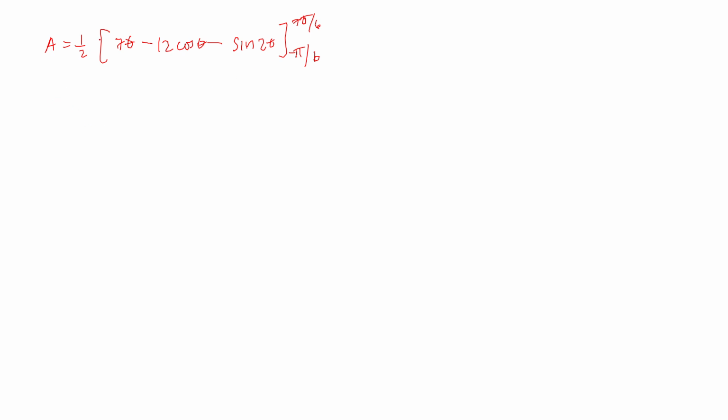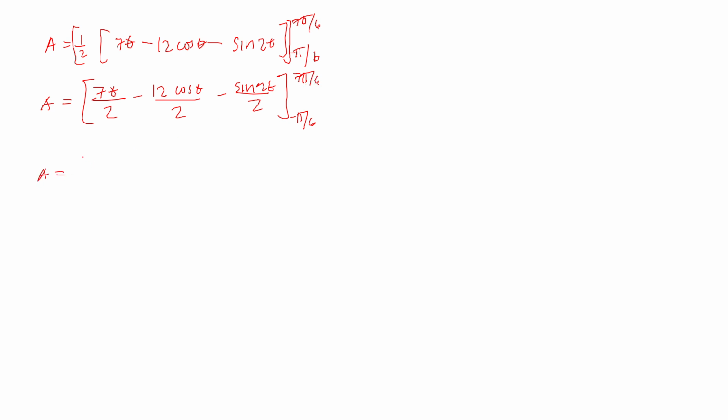So we need to simplify first. 7 theta over 2 minus 12 cos theta over 2 minus sine 2 theta over 2, evaluated from negative pi over 6 to 7 pi over 6.